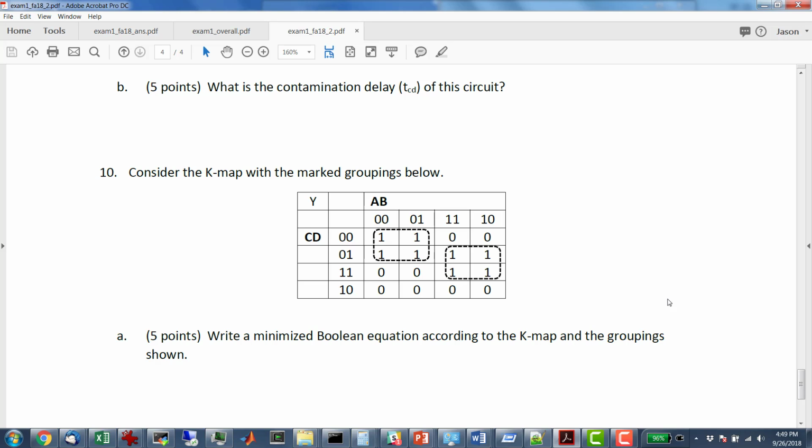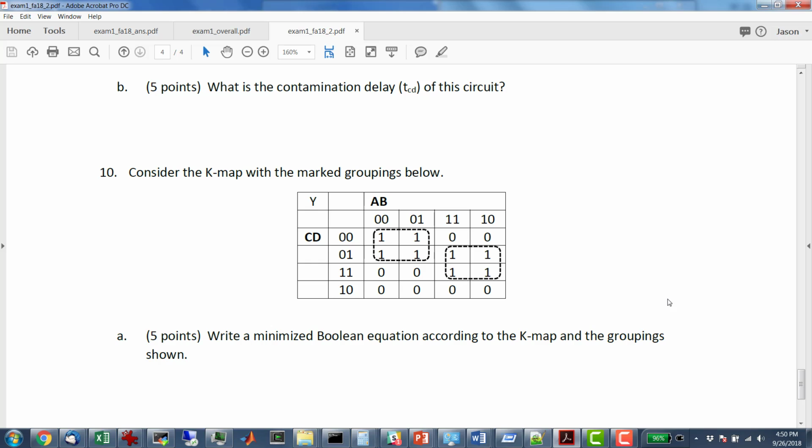I already selected the groupings for you. So this grouping looks like not A, and not C, right? And this grouping would be A and D, right? If I didn't screw that up.